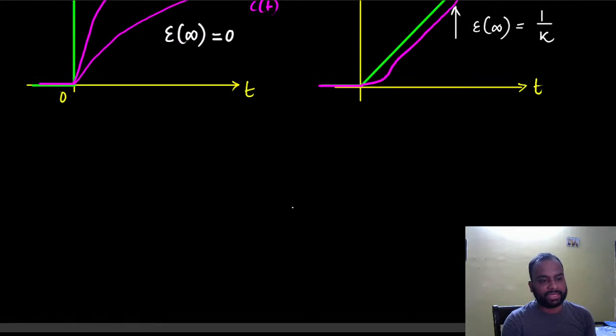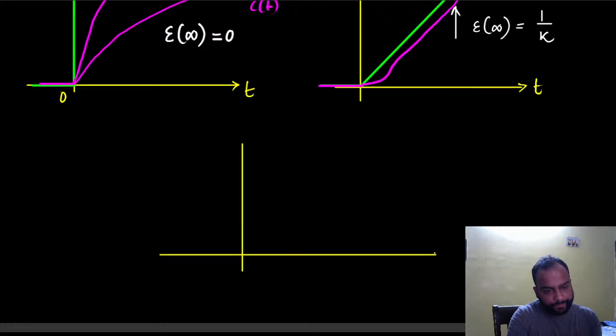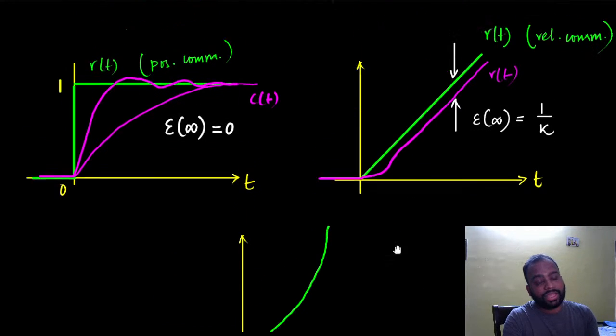And for acceleration input, now I do have to draw the acceleration input. There is no other way. For this system, let me just draw the acceleration input signal first. Again, this is going to be a parabolic input. Now think about this system.